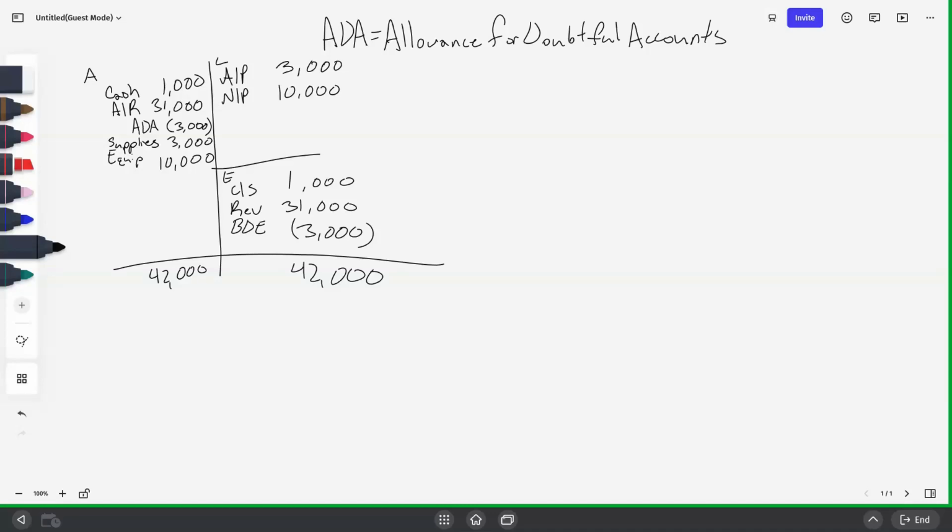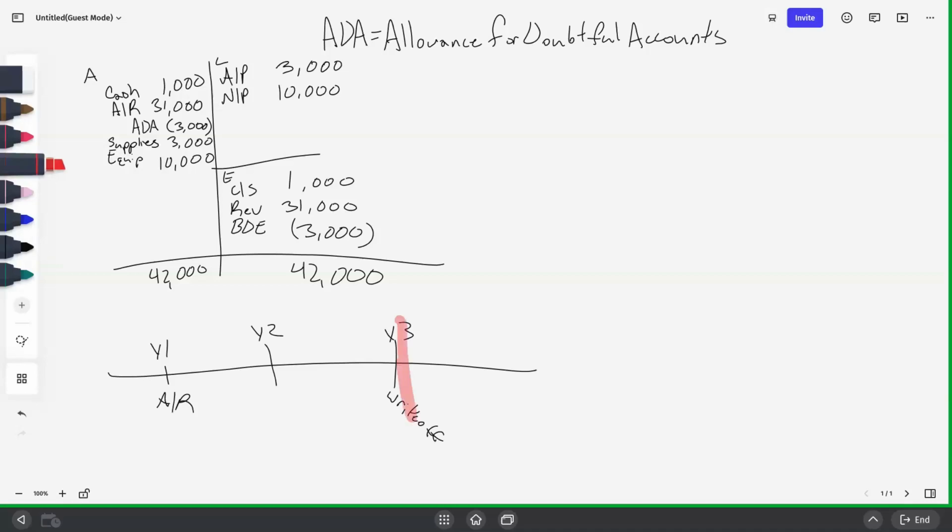The reason the direct write-off method isn't GAAP approved is this timeline: we did a service and got our accounts receivable in year 1, and in year 3 they went bankrupt, so we write off. With the direct write-off method, you expense in this year, which GAAP shakes its finger at and says no.